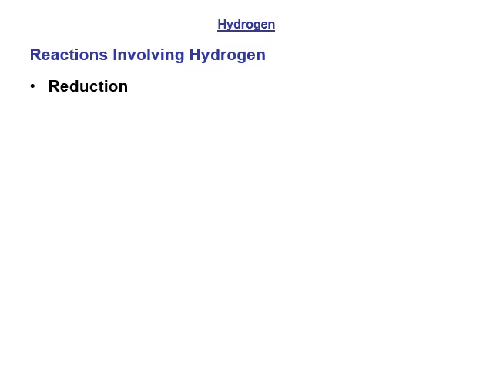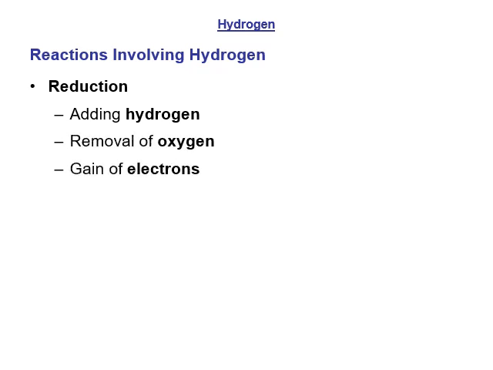If you look at the definition of oxidation that we just had under the oxygen section, put that in reverse and you get reduction. Reduction is the adding of hydrogen to something, the removal of oxygen from a substance, or gaining electrons, which decreases the oxidation number.